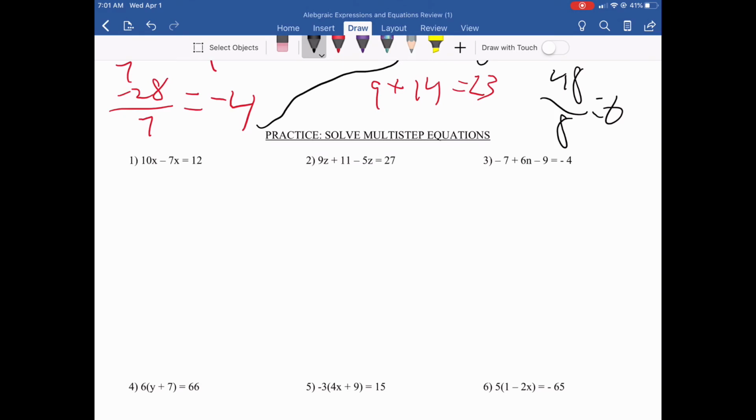Number 1. Look at the problem. Don't forget about PEMDAS.